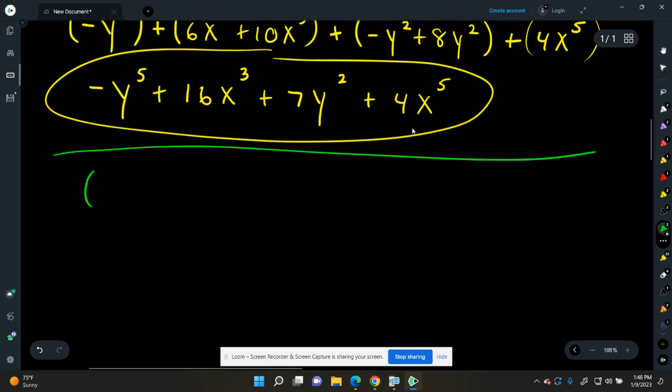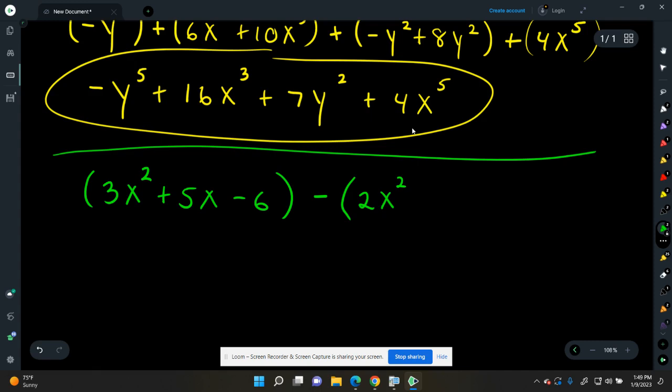All right. Let's do, we'll keep it simple, 3x squared plus 5x minus 6, minus 2x squared minus 3x plus 4.